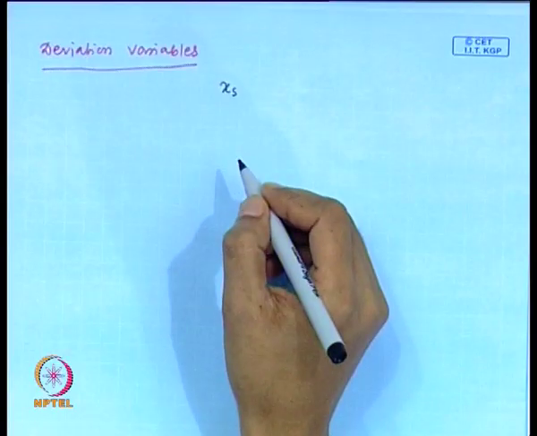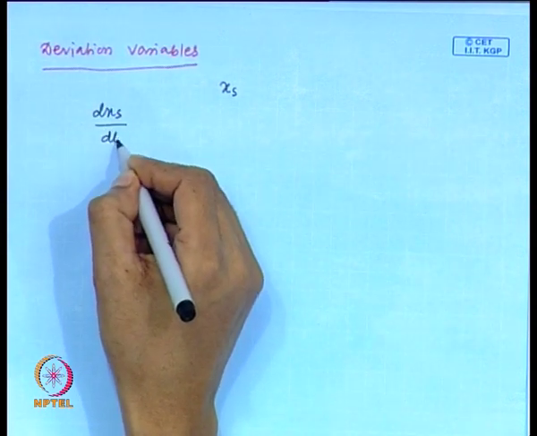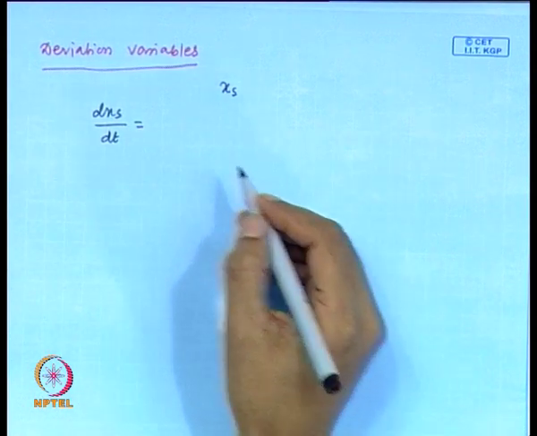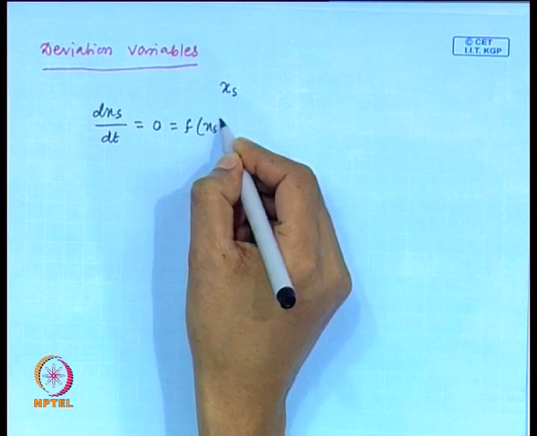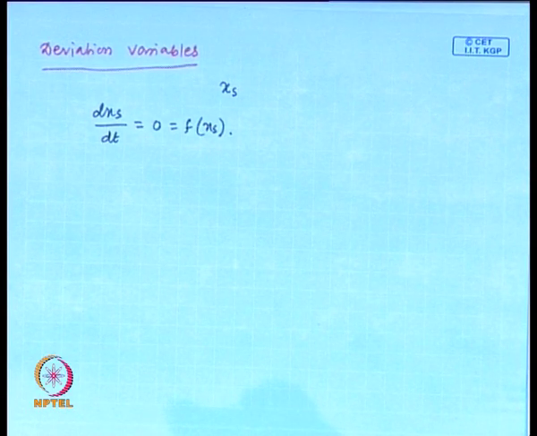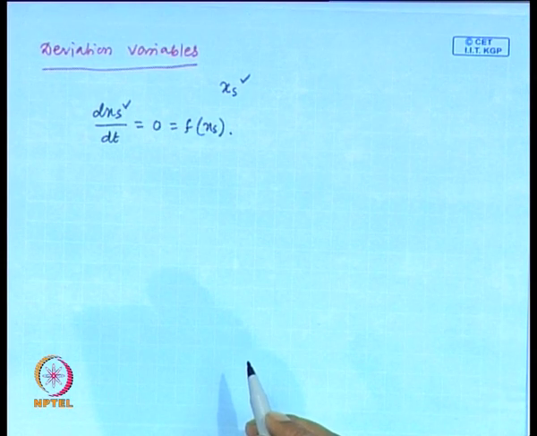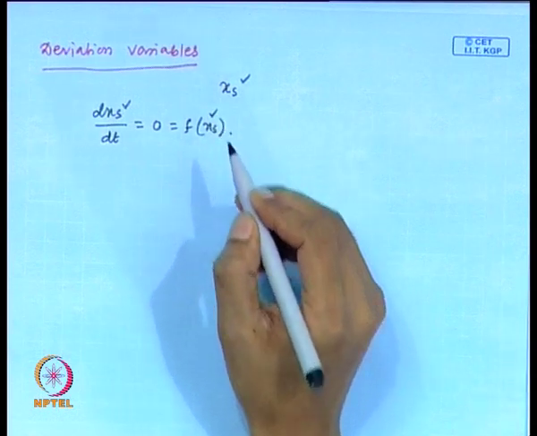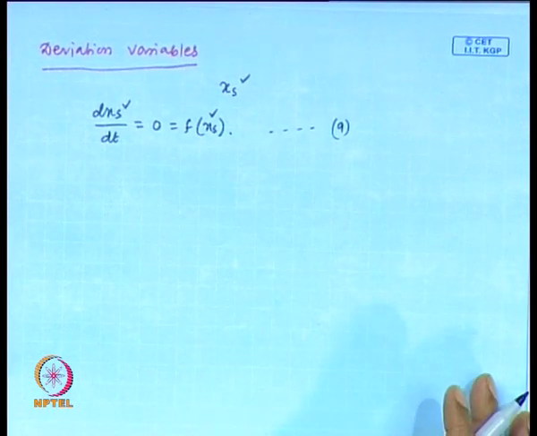If x equals xs at steady state, then we can write dxs dt equal to 0, equal to f of xs. The steady state value of x is xs, which is constant, that is why the derivative of that constant term is 0. And this is the function of x; now we are replacing x by xs, that is why it is f of xs. This is, say, equation number 9.